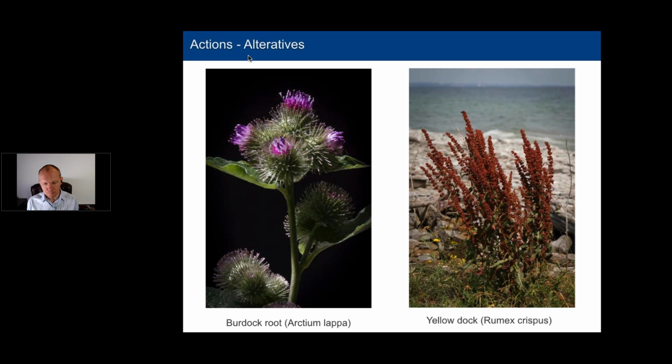No problems with that. Now, on the right-hand side, you see yellow dock. Oh, and just as an aside with the burdock root, those little flowers that you see, those little thistle-like things, those are the burrs. And these are the same burrs that in the summer, as they dry out, will stick to your clothes when you're walking around in the woods or in a field. And then you'll carry these little burrs around, and then eventually they'll fall off, or you'll pull them off and drop them somewhere else.